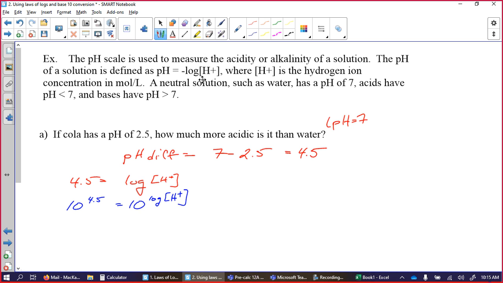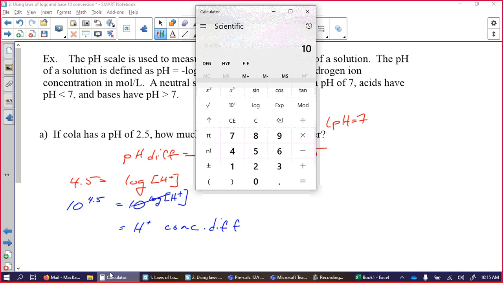These square brackets, for those who are in my chemistry, you will see those tomorrow. Those cancel, so the H plus concentration difference in terms of magnitude is 10 to the power of 4.5.